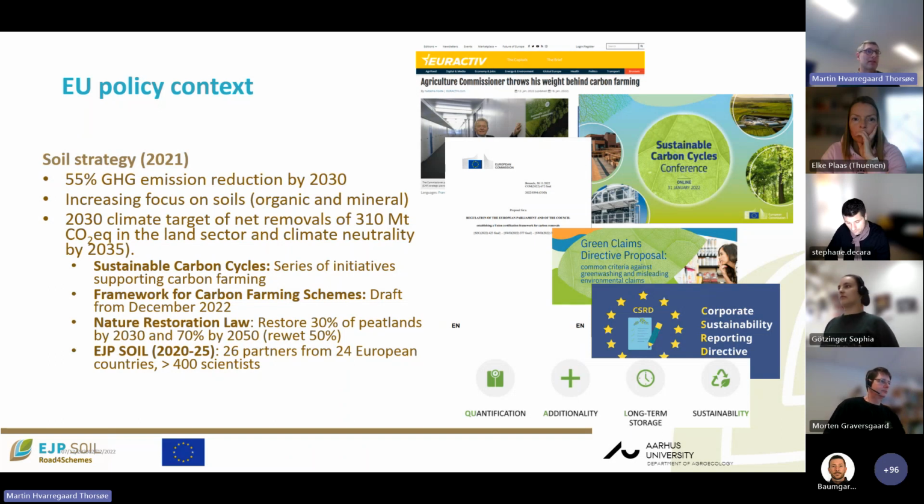And we are also situated in the EJP Soil program that's going on in the 5 years after 2020, with 26 partners from 24 European countries, and quite a lot of soil scientists working with soil and also monitoring soil physical processes and all of that, aside from these more social and institutional aspects that we are working with in the Road4Schemes project.